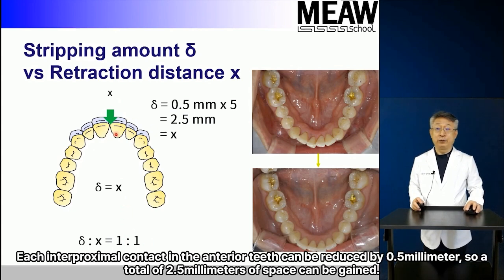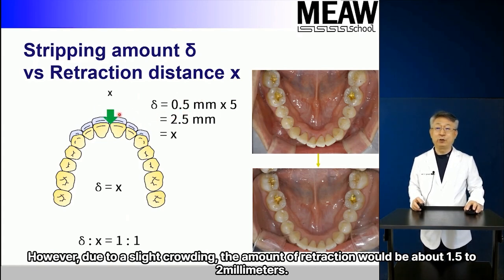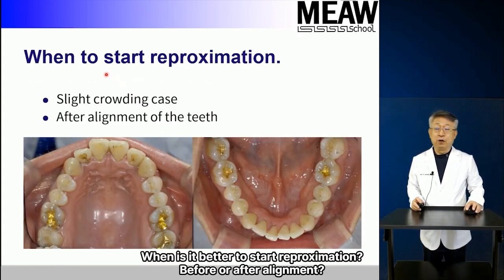Each interproximal contact in the anterior teeth can be reduced by 0.5 mm, so a total of 2.5 mm of space can be gained. However, due to a slight crowding, the amount of retraction would be about 1.5 to 2 mm.